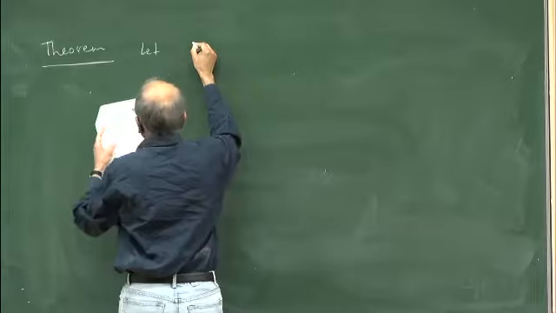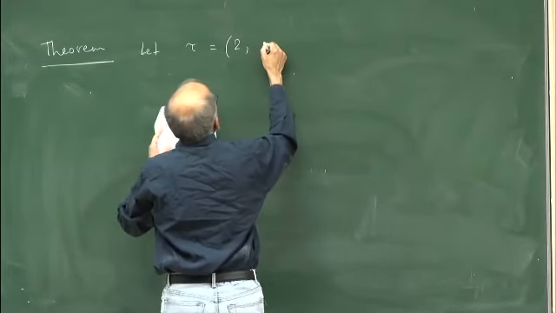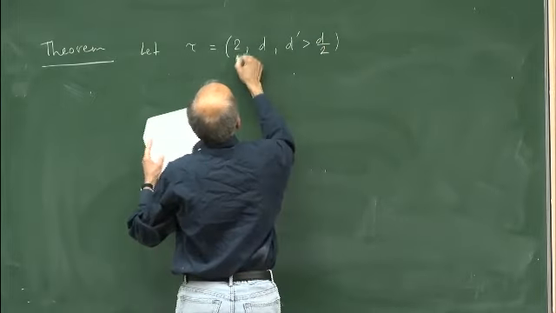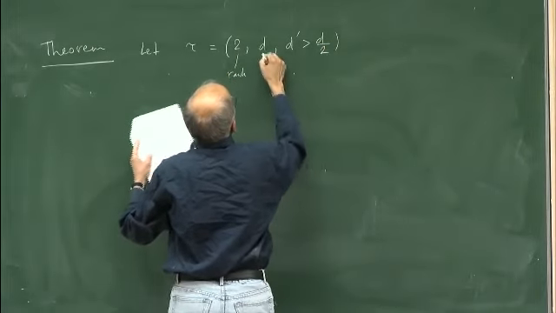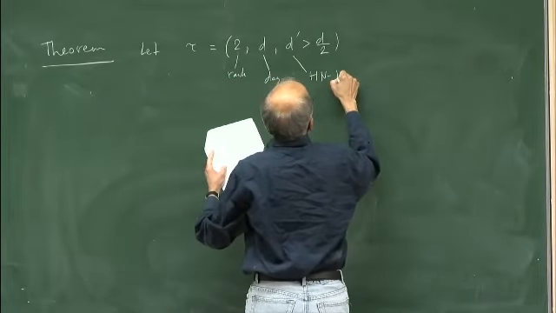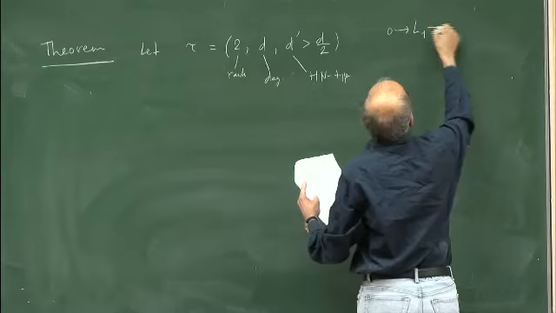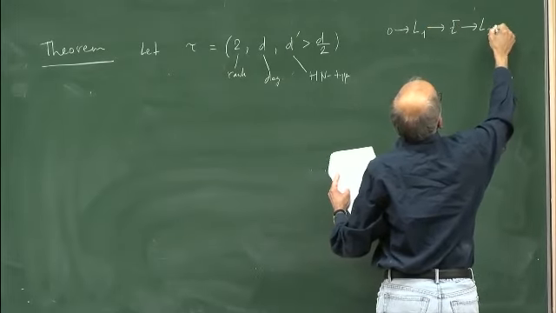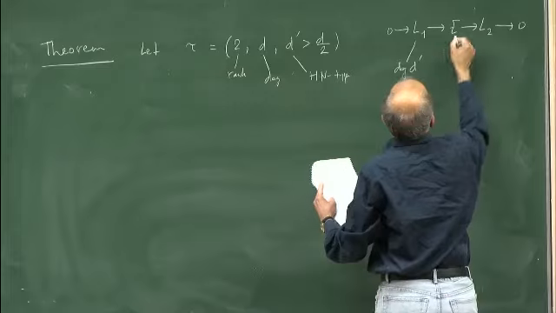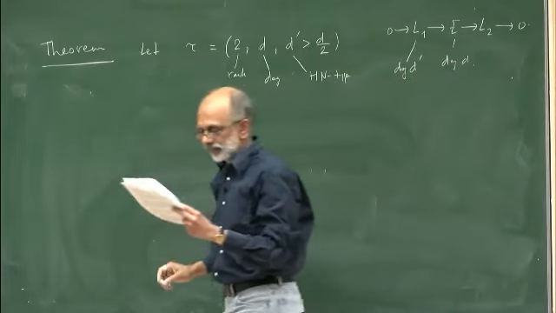Let the Harder-Narasimhan type be, with d' greater than d by 2. So this is rank, this is degree, and this is the HN type. So this means I am thinking of vector bundles of this kind. And this is one of the unstable strata.